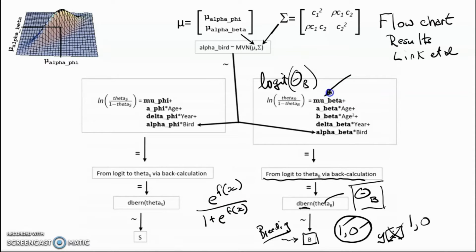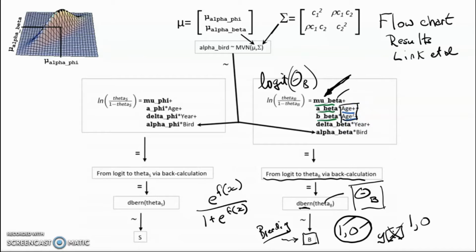When I look at the components on the right-hand side, what I see is two different fonts. One font for the coefficients, another font for the variables. Let's look at these. So mu beta is just the intercept. We've got the age of the bird.